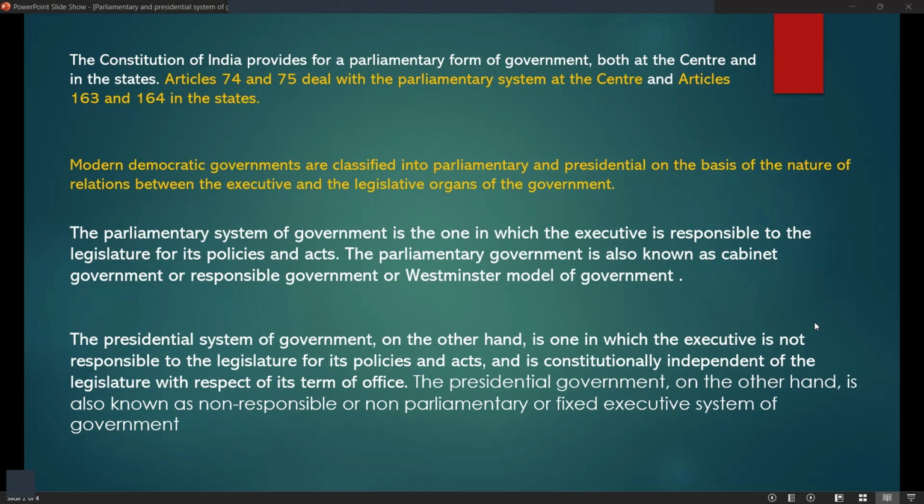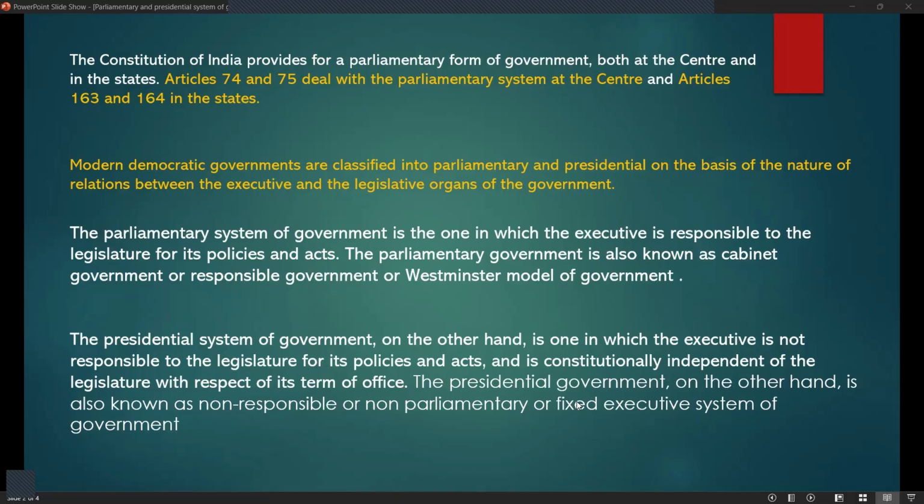Tell me in the comment section. That will be a homework. The president is not responsible to the legislature or the lawmakers for his policies and acts, and he will be independent.